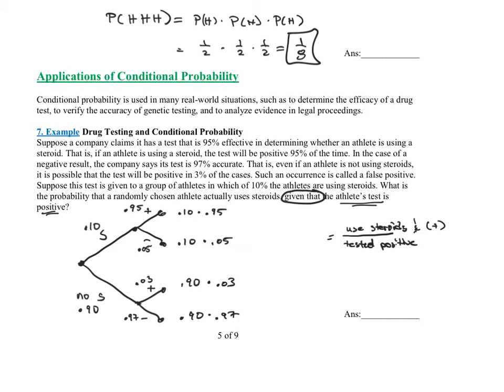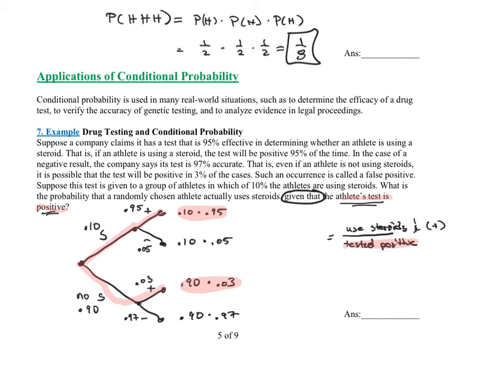Okay. So now we need to consider what we actually care about. We'll go back and read what was given. We were given that the athlete's test is positive, so that needs to be our bottom, our denominator. So how many tested positive? Well, there's no steroids who tested positive, which is that many. And then there's those who use steroids and tested positive, which is this many.